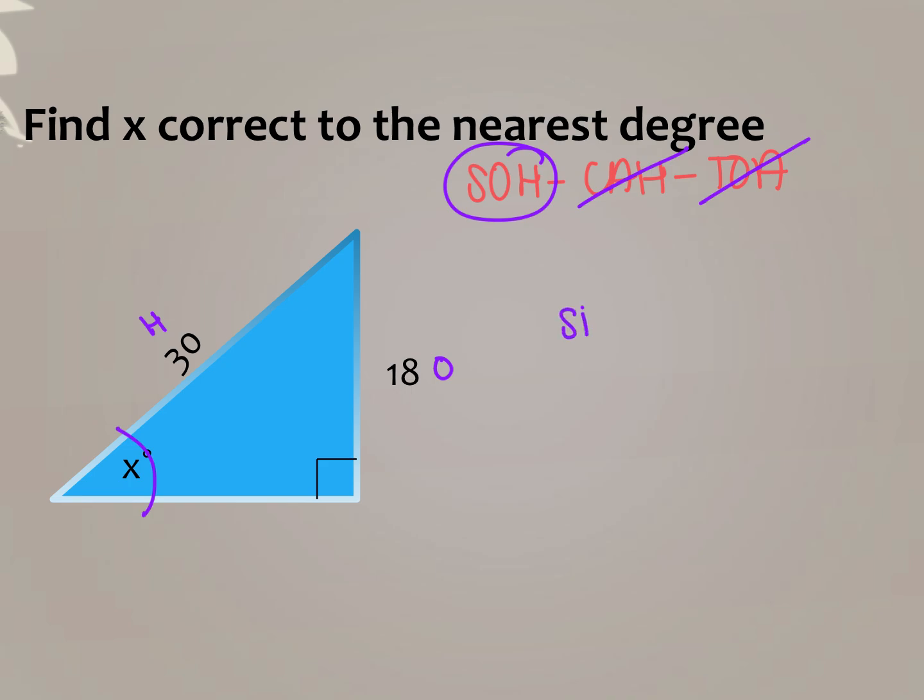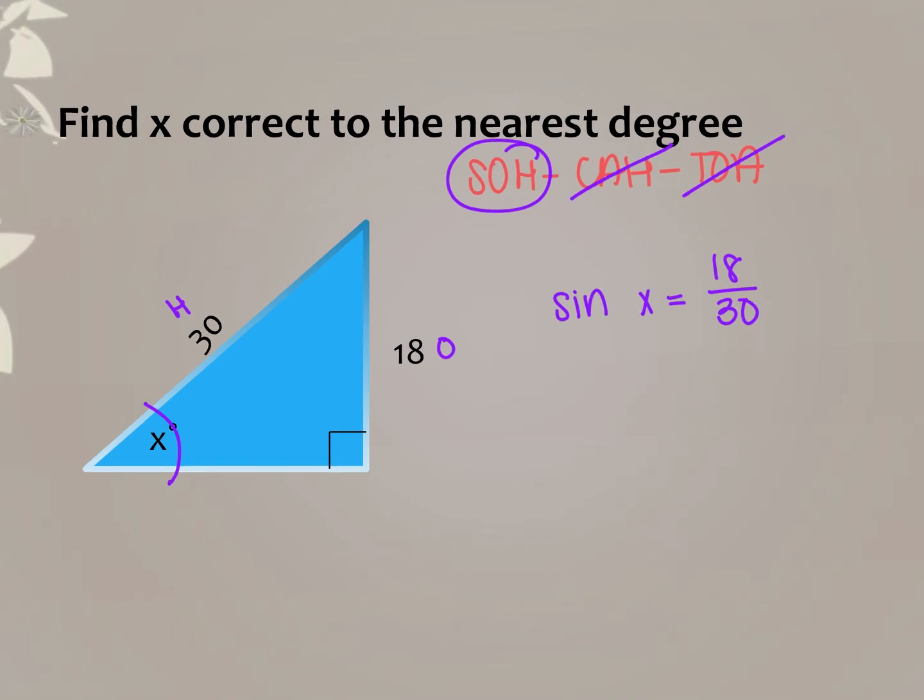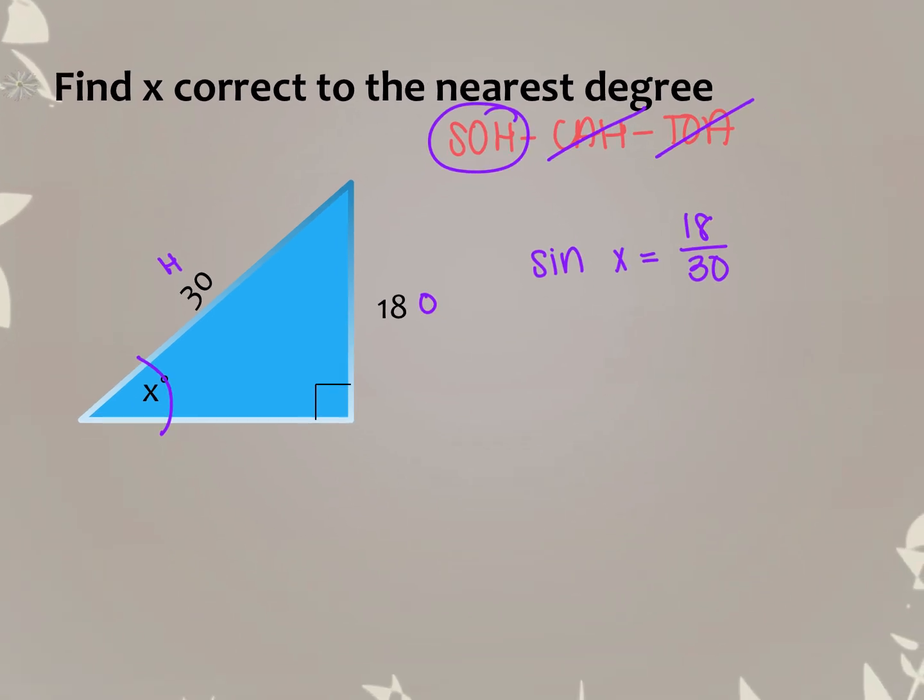So I have sine x equals 18 over 30. How do I solve for my angle? What do I have to use in order to solve for my angle? I have to go ahead and use the inverse.